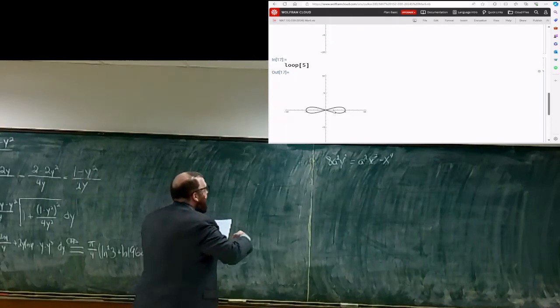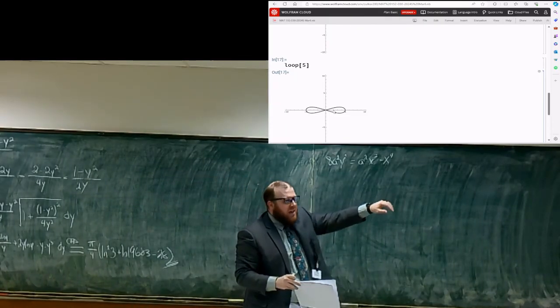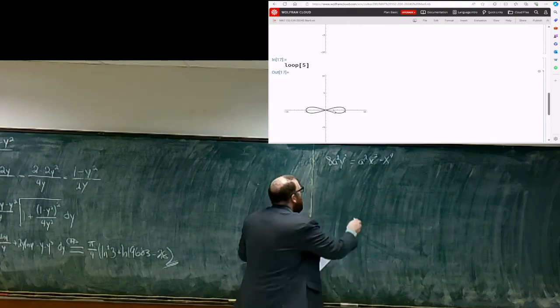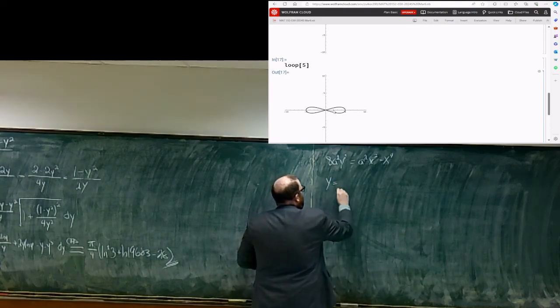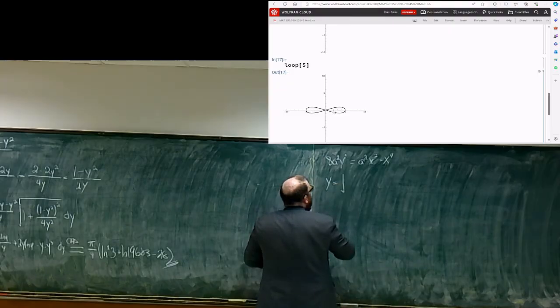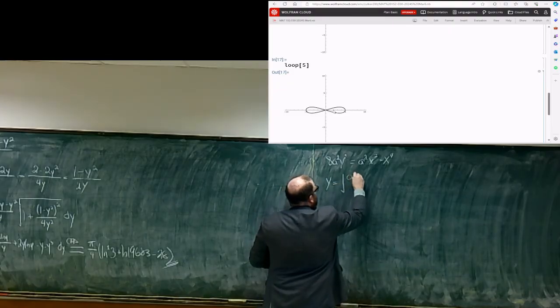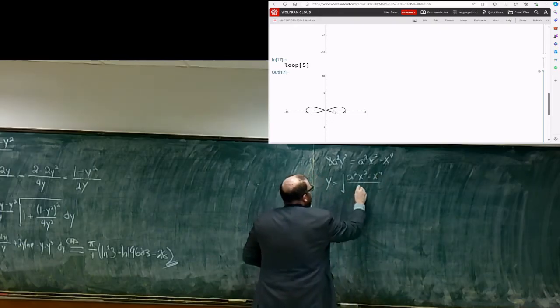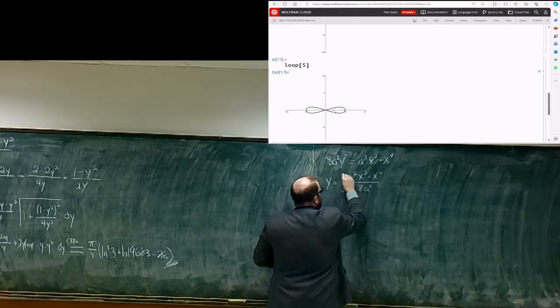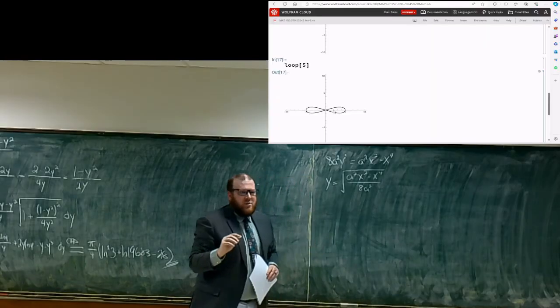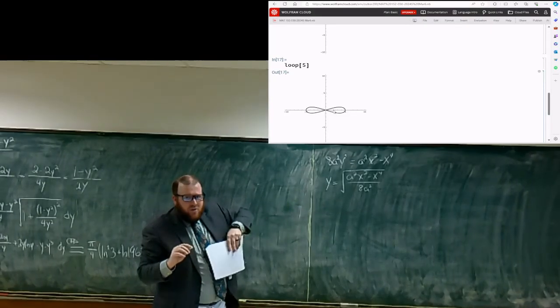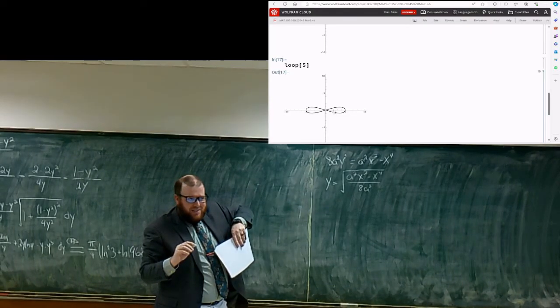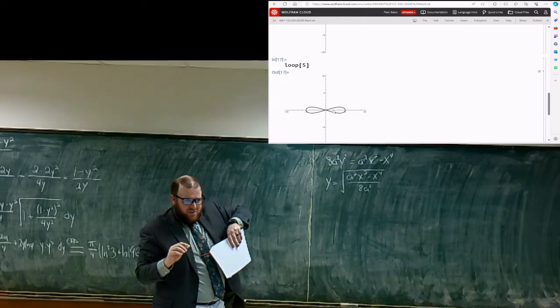So that's why it's going to go 0 to A, and because I'm only considering the top half, y is going to be positive, we can then write this as y equals the square root of a squared x squared minus x to the 4th all over 8a squared. I would not recommend you try to take the derivative of that. Use implicit differentiation.